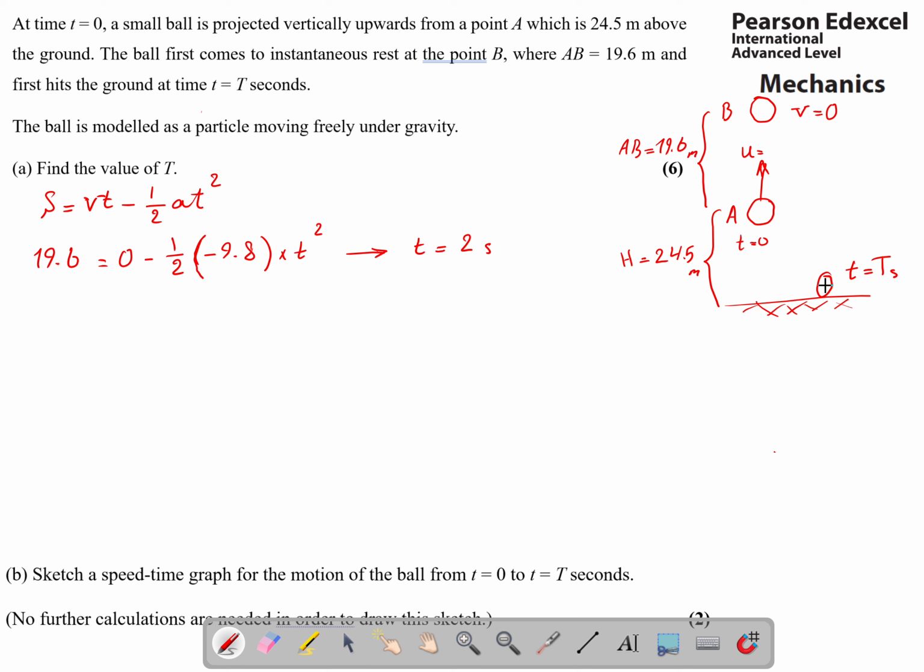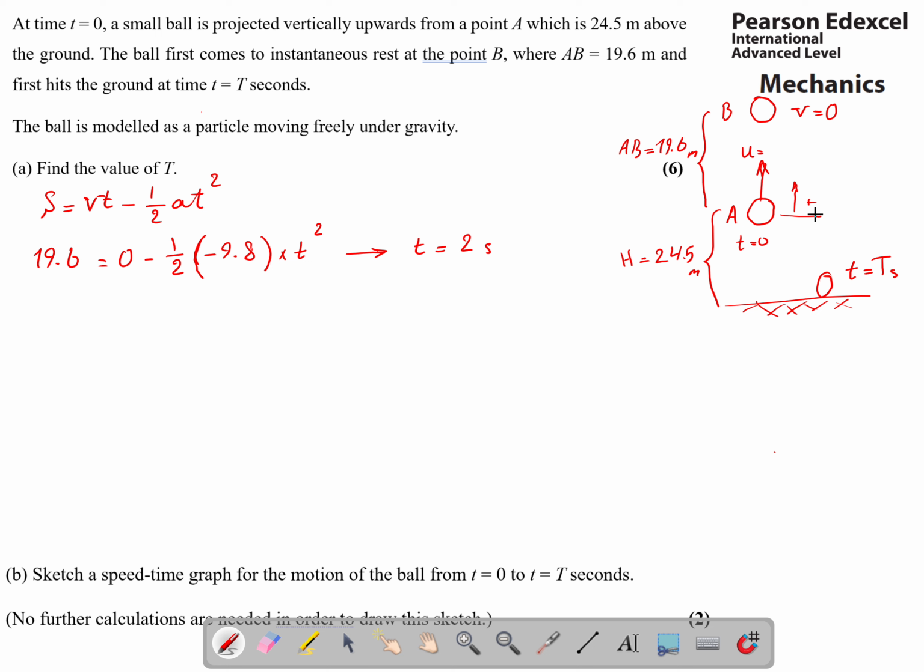We actually need the time of this point. When we hit the ground, our displacement is minus 24.5 meters because our origin is here, and we assume that this direction is positive. So displacement of AB equals 19.6.